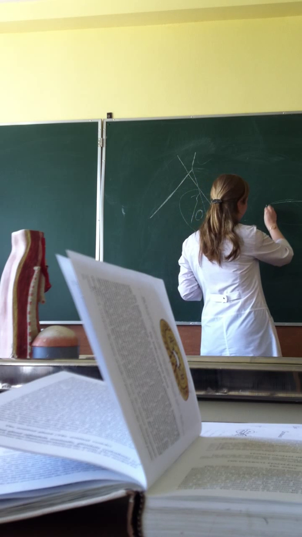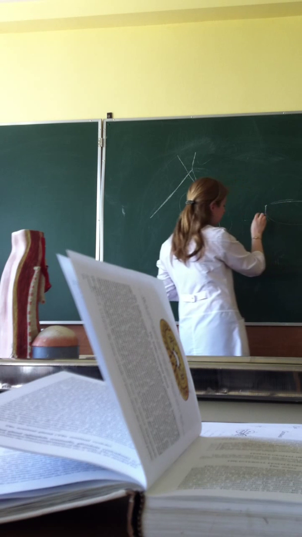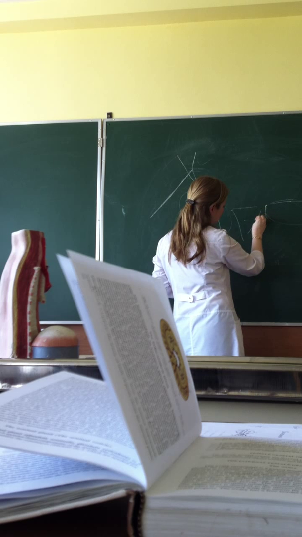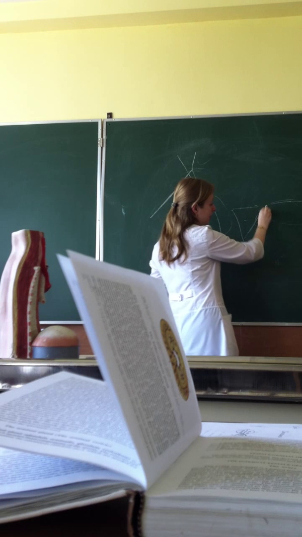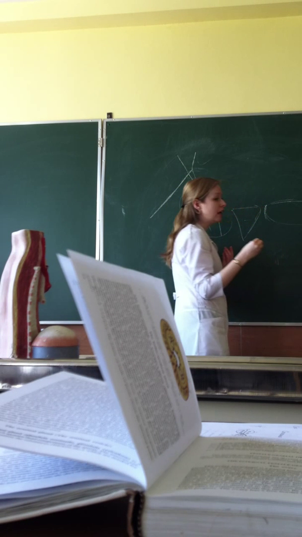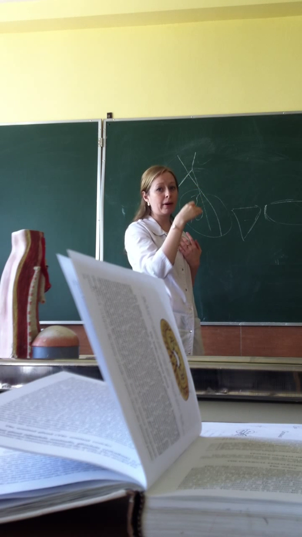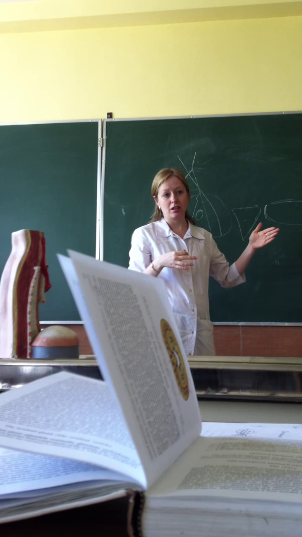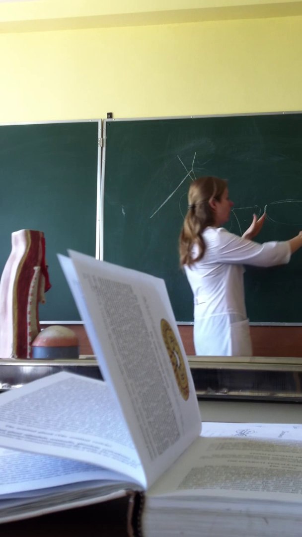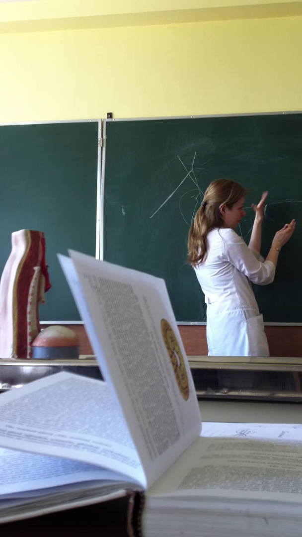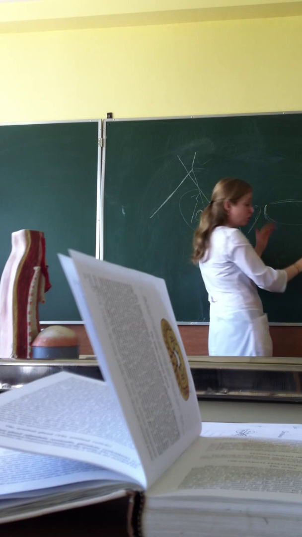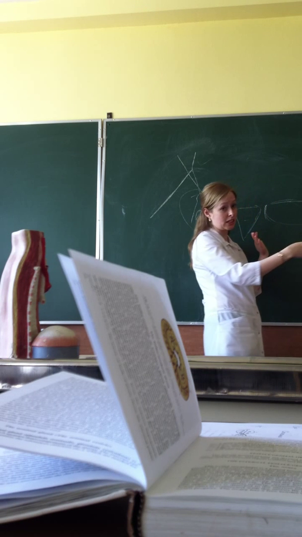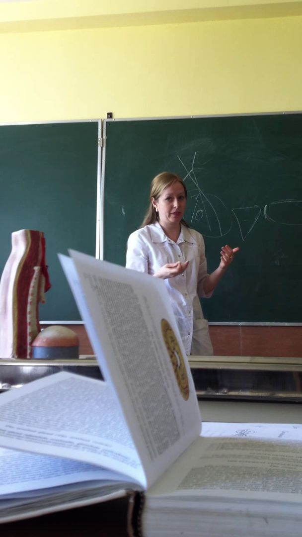It has two extremities, medial, where the uterus is presented, and lateral, and two poles, upper and lower, the same as for testis, but the position for the ovary is horizontal, for testis more vertical, but the names are the same.